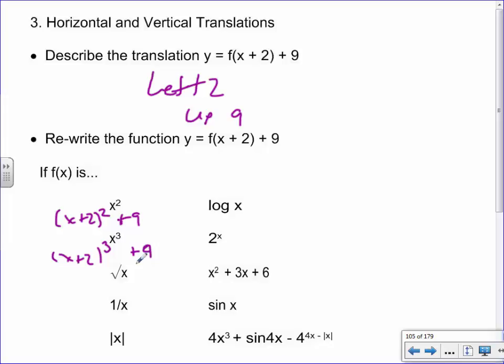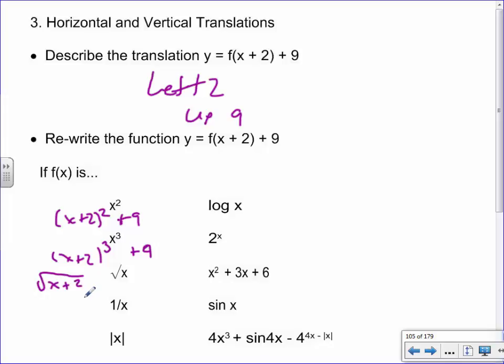Well, we can do this for all of the other functions we're going to learn about this year. So next year, we're going to talk about a square root function. Well, what would this look like if we wanted to move it? It would look like the square root. Well, it's supposed to be x, but all of our x's now are x plus 2.